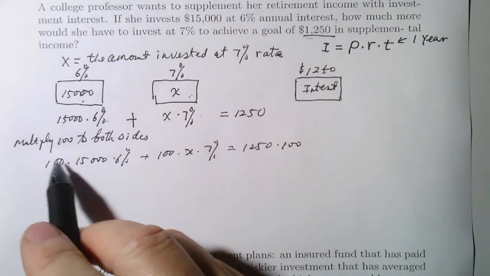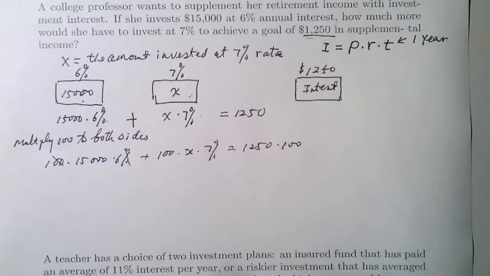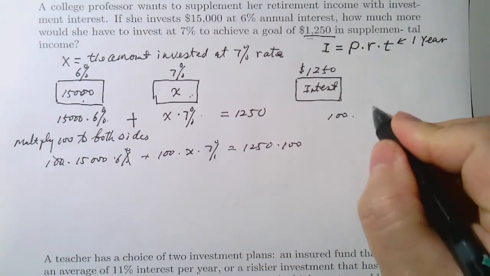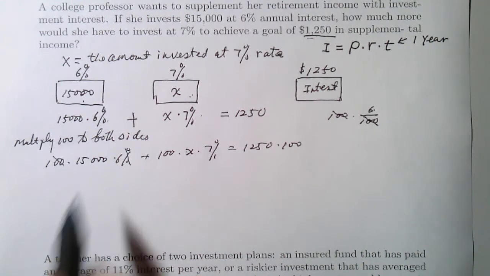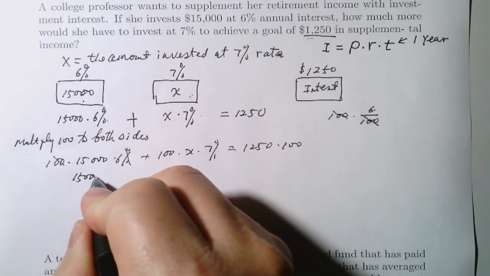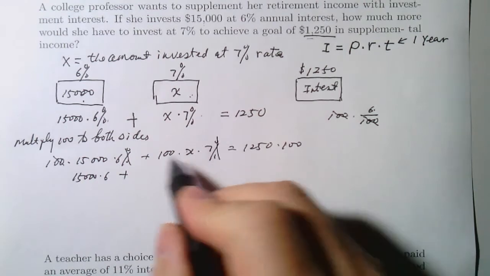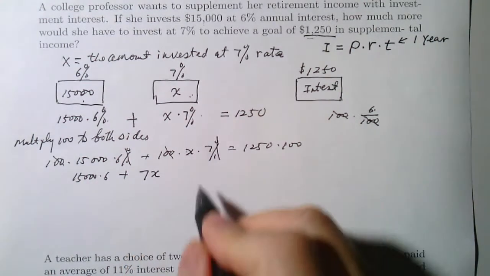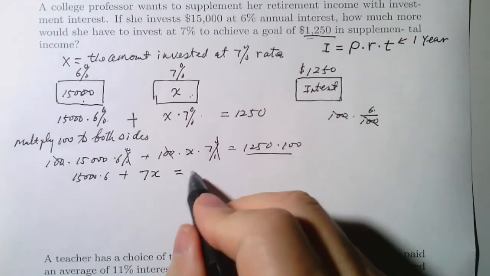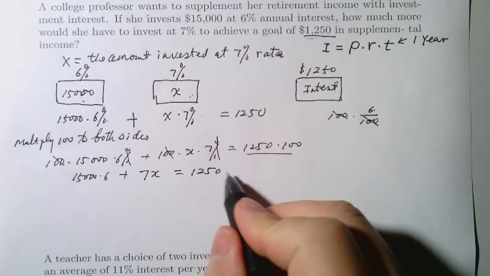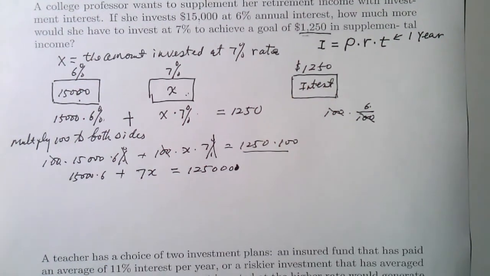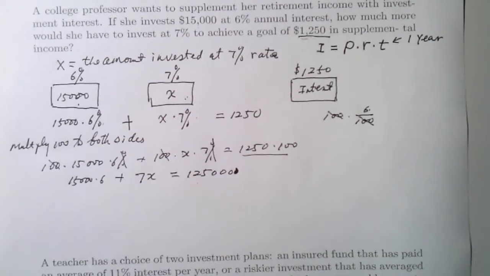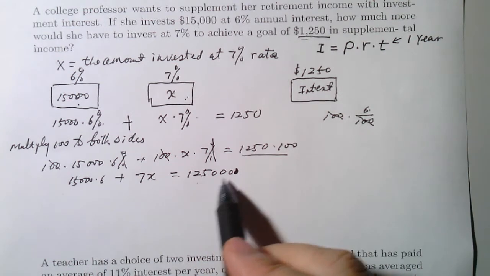And the 100 and the percent reduce. The reason is 6% really is 6 divided by 100, so you're going to have 6 left. So 15,000 times 6 plus 7x equals 125,000.